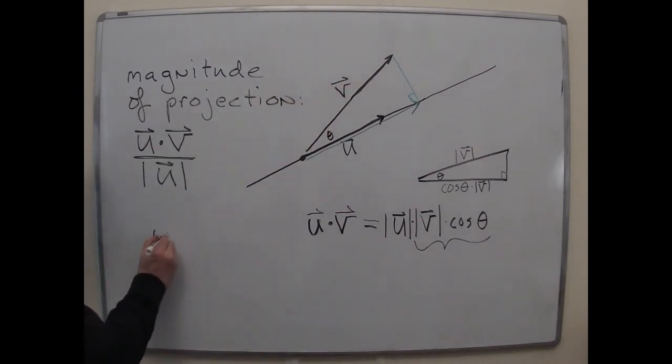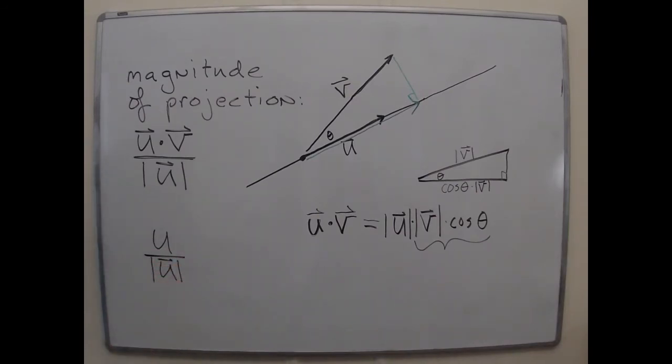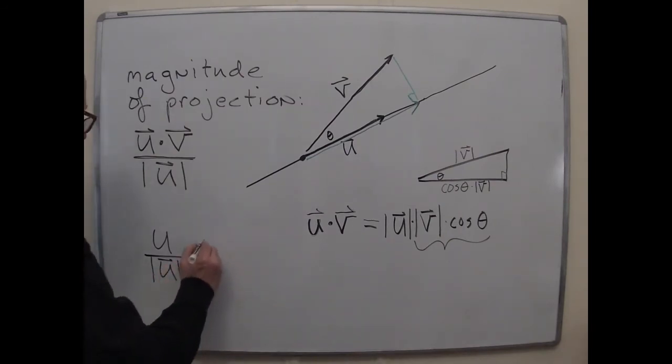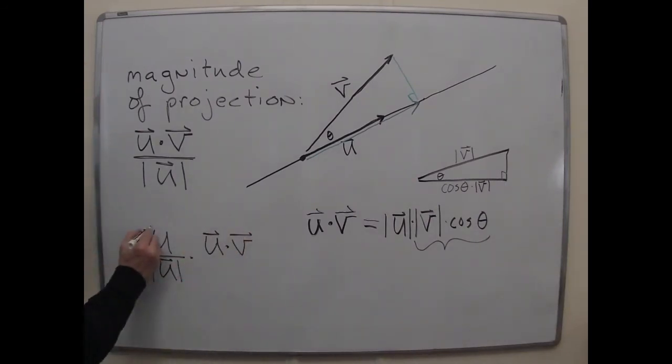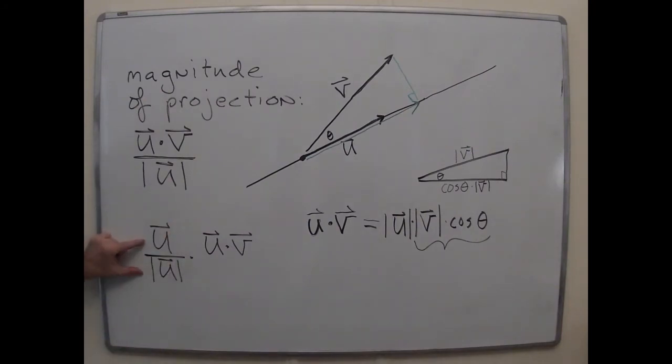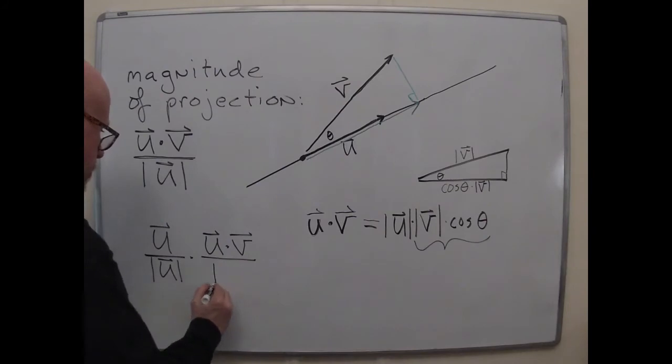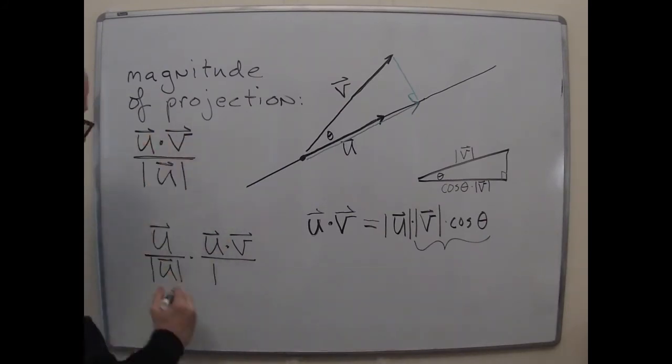Take u and divide it by its own length, and then multiply it by this quantity. This part turns it into length 1, and then multiplying by that quantity turns it into something of the length we're after.